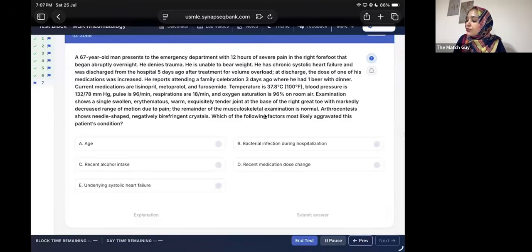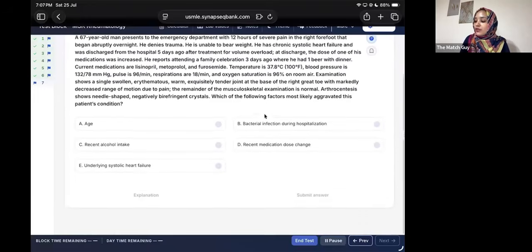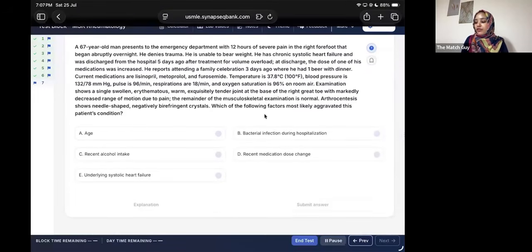At discharge, the dose of one of his medications was increased. He reports attending a family celebration 3 days ago where he had one beer with dinner. Current medications are lisinopril, metoprolol, and furosemide. Vital signs are fine. Examination shows a single swollen, erythematous, warm, exquisitely tender joint at the base of the right big toe with markedly decreased range of motion due to pain. The remainder of the musculoskeletal examination is fine. Arthrocentesis shows needle-shaped crystals with negative birefringence.